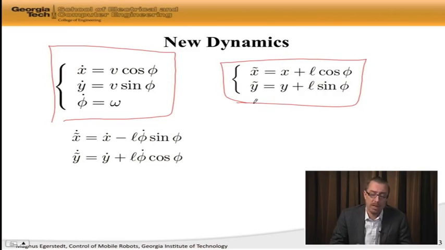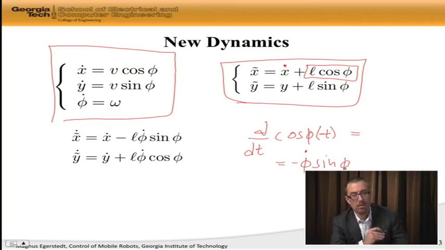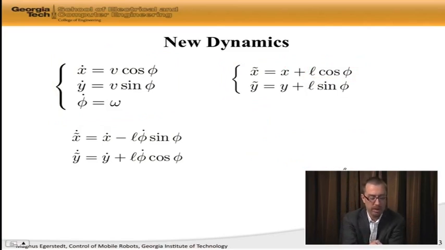X tilde dot is x dot plus the time derivative of this thing, and the time derivative of cosine phi, and remember, phi is a function of t. If I take d dt of this thing, what I get is minus phi dot times sine phi. Well, that's what we have here. X tilde dot is x dot minus L phi dot sine phi, and similarly for y tilde dot.